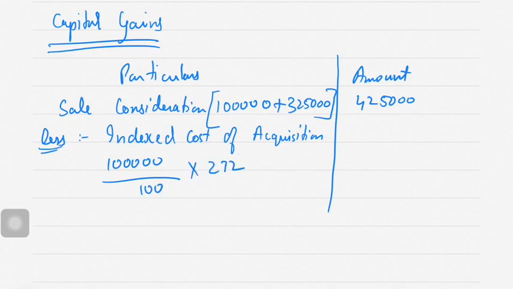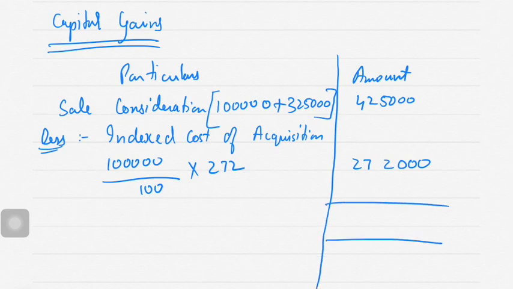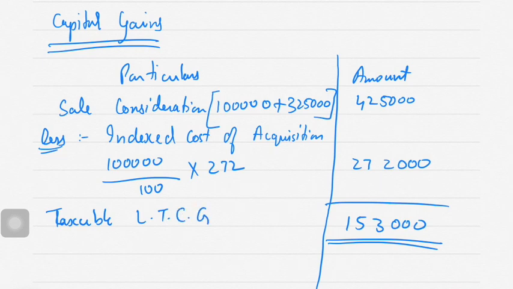So 100 multiplied by 272. That means profit would be 1,53,000. So taxable long-term capital gain is 1,53,000. Okay.